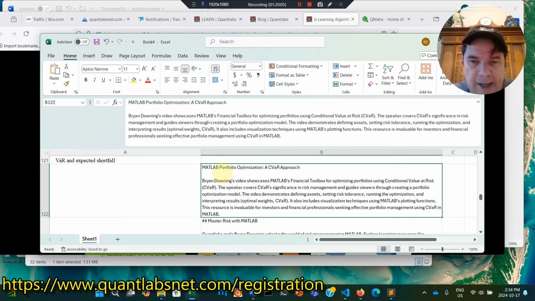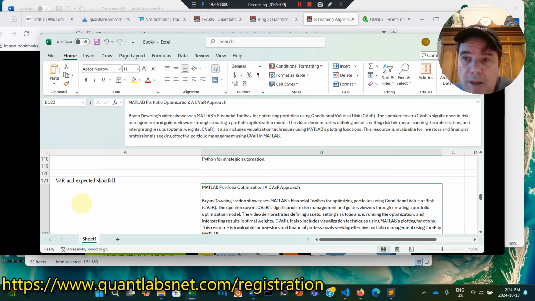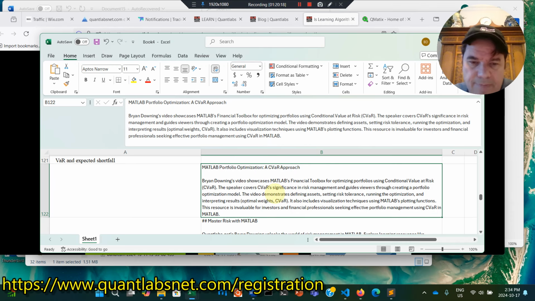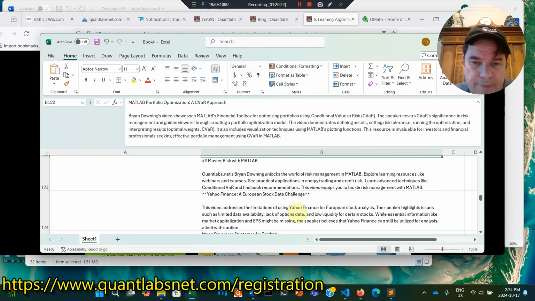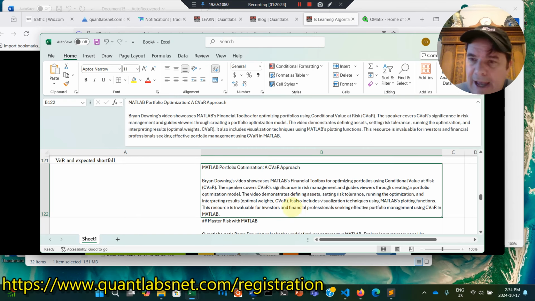Okay, so again, a very important concept here that a lot of people don't talk about, as I said, is value at risk, which is used throughout the industry, and expected shortfall. A lot of this is using MATLAB again.